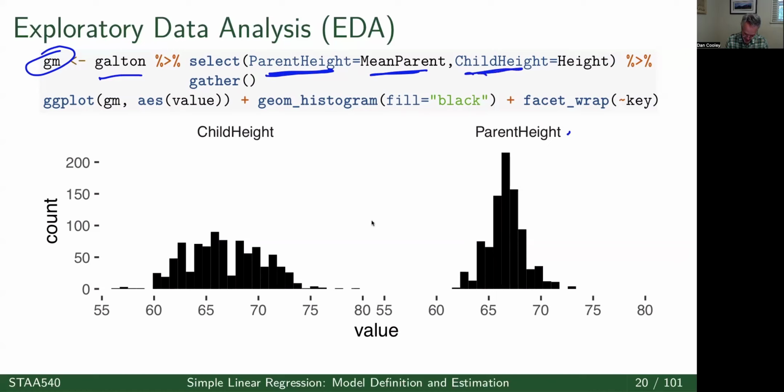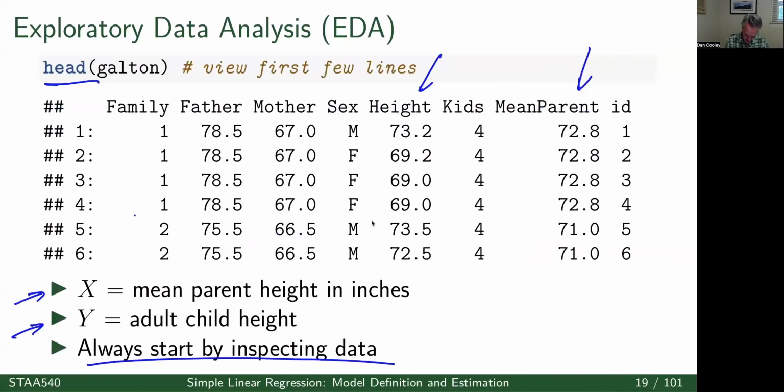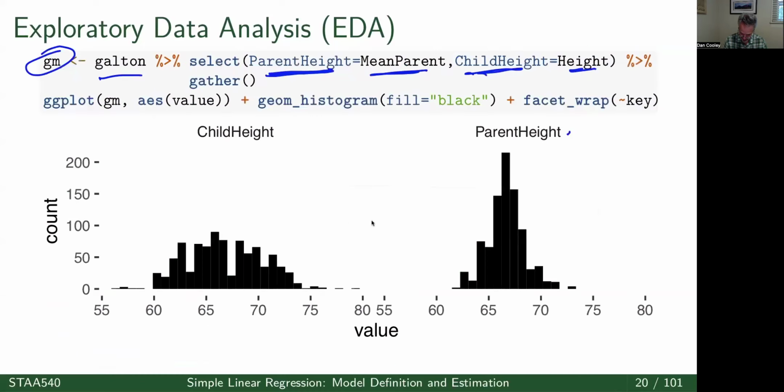Child height is going to be our new variable, which is equal to height. And recall that on this previous one, we didn't actually denote the data set that we read in as child height, and it'd be a little bit cleaner to make it very clear to the user that, hey, this is our response variable child height.